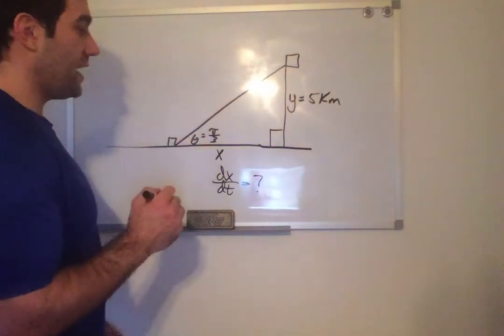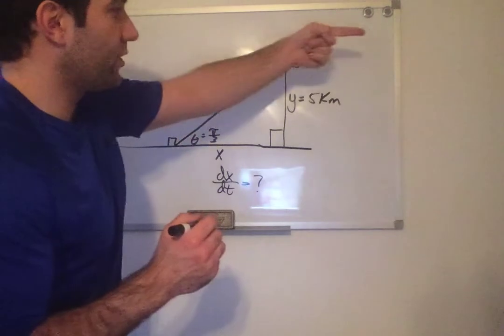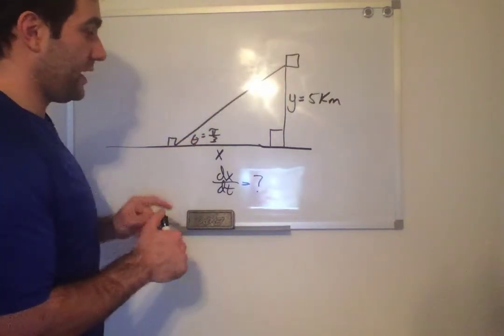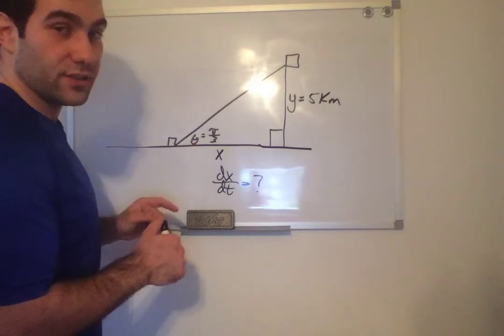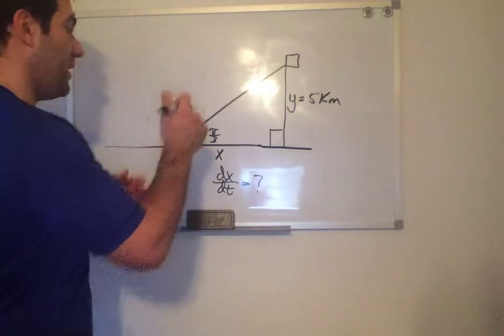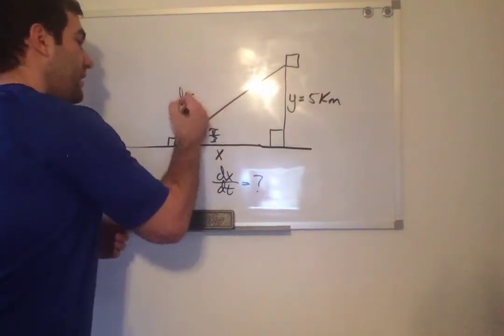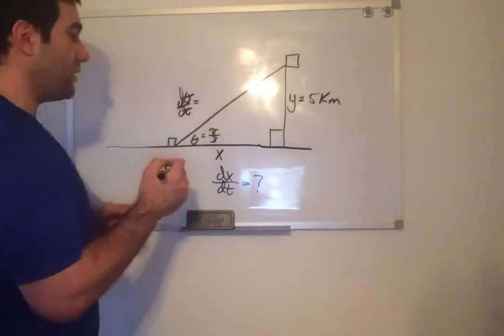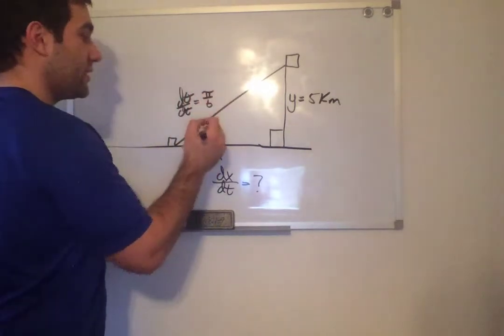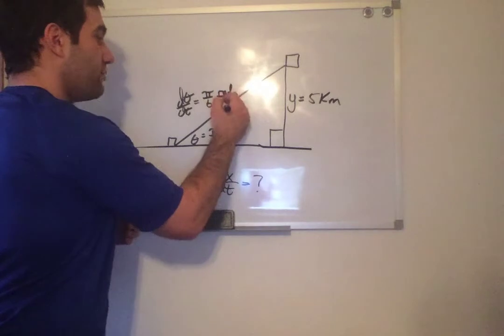Now they also say that as this plane gets further and further away, this angle right here is going to change. It's going to get smaller. It says it's decreasing, so they tell us that d theta dt is equal to pi over 6 radians per minute.